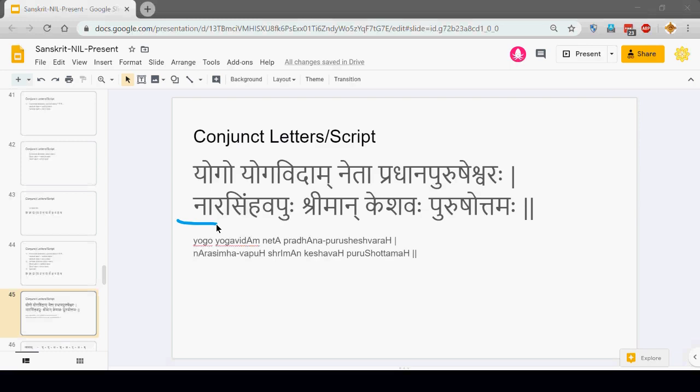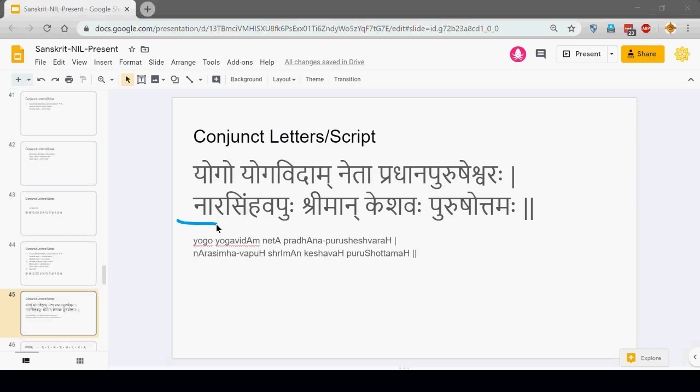Next line. Narasimha vapuhu. Yes. Narasimha vapuhu. Yes. Should I go on? Yeah, go on. Next one. Okay.